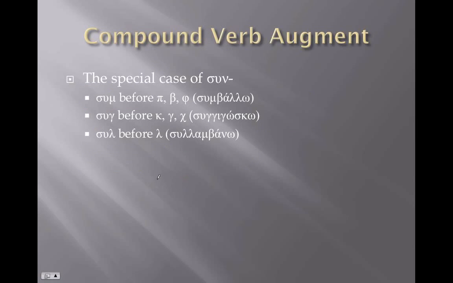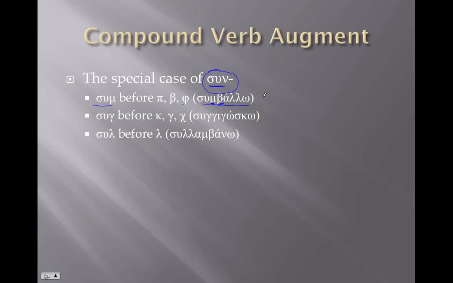Now the final special case, the strange thing that will happen, is verbs that are compounded with the prefix sun. Originally this is what this prefix looks like. But sun becomes sum if the stem begins in beta, pi, or phi, so sumbalo. So it started with a sun, but because of the beta in balo, it's become sumbalo.